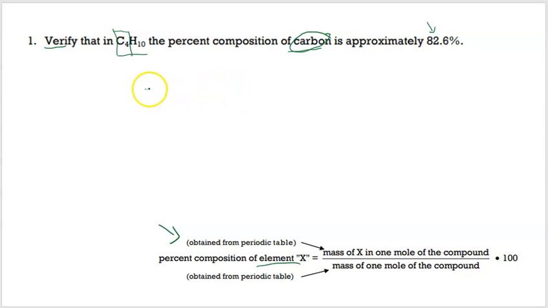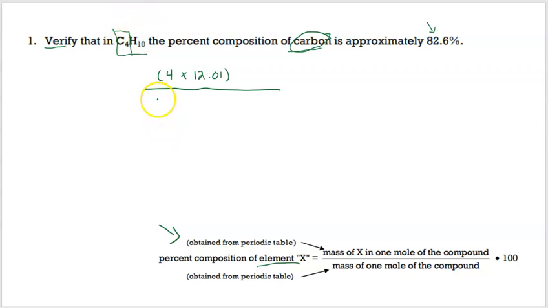So I'm going to set up my fraction. You guys all know by now that a fraction just means divide, right? I'm going to go to the top here, 4 times 12.01, right? So that would be the mass of the carbon part of C4H10. Now I'm going to take that over the total, which is going to be the total mass of the carbon and the hydrogen.